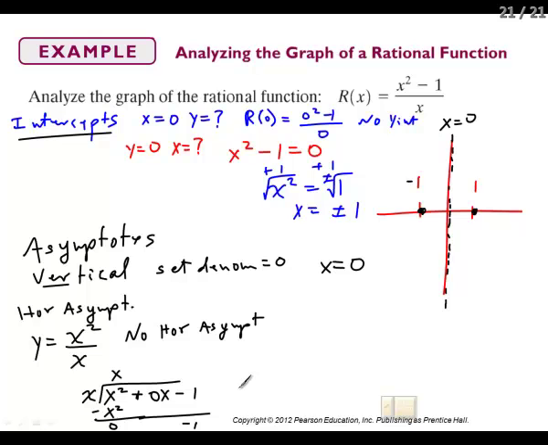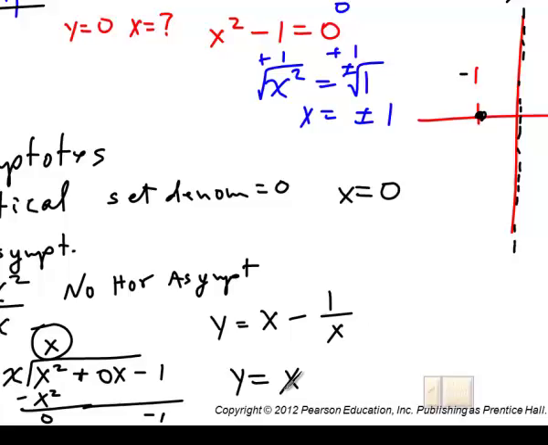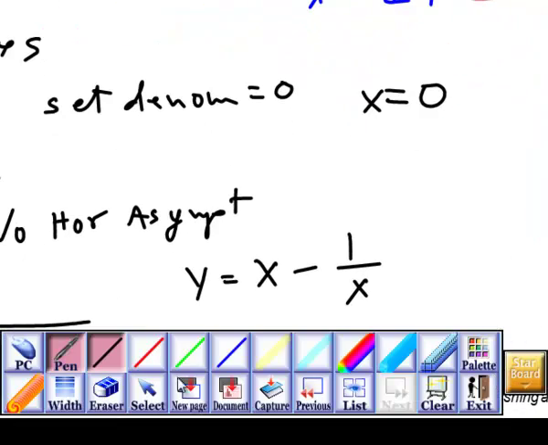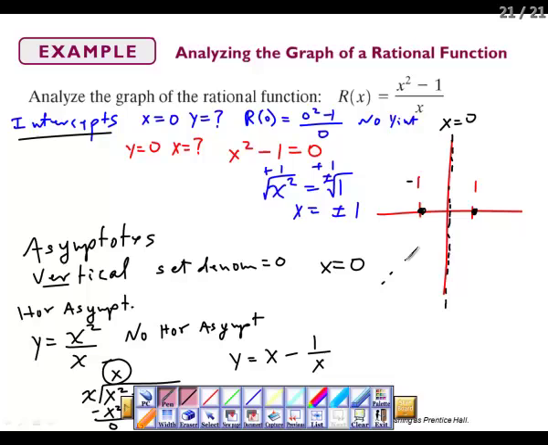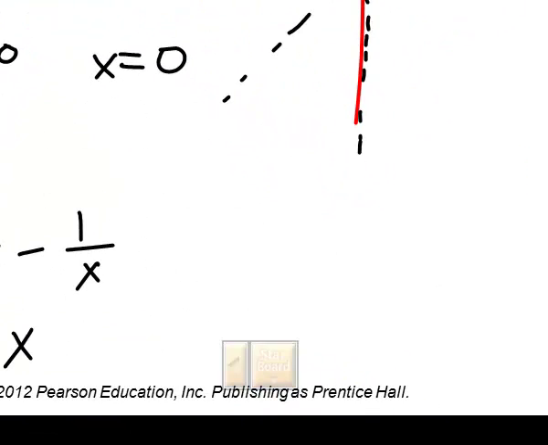So our oblique asymptote is just our quotient. y equals x minus 1 over divisor x. Well, we normally just drop the remainder, and it's just y equals x. So that would make our oblique asymptote y equals x. Okay, that's our line. Just like any y equals x equation graphed out.